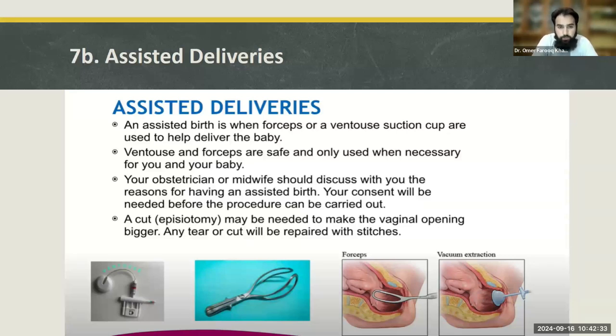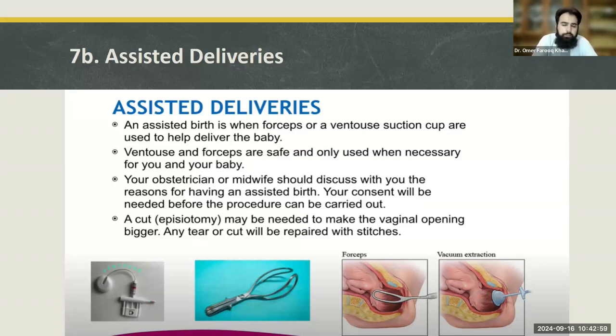A cut called an episiotomy may be needed to make the vaginal opening bigger. Sometimes the baby is about to get delivered, but the vaginal opening is too narrow for the baby's head to get delivered. Then a cut is given according to proper surgical technique and proper obstetric guidelines, at 7 or 9 o'clock.